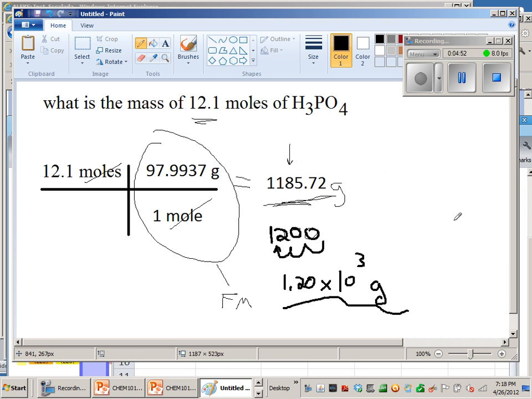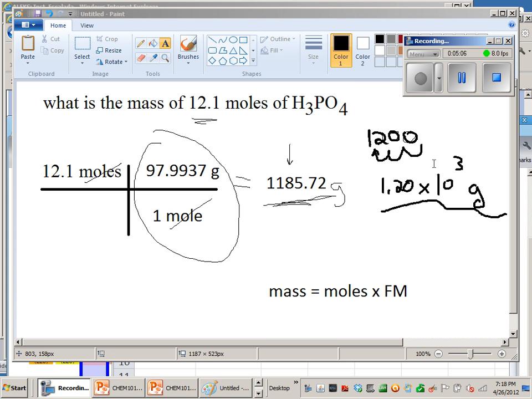So this is the unit conversion method for converting moles to mass. I could actually use a formula to do the same thing. If you want to make sure that you have lots of ways to do this problem, so that if you're confronted on a test you don't freak out if you forget one of them, you could use the following formula.